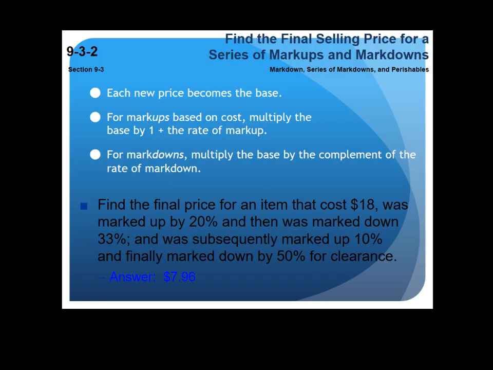Okay, so we are going to look at a bunch of markups and markdowns. So find the final price for an item that costs $18. Okay, so it was originally $18, and then it was marked up 20%. So it was marked up 20% of the cost, right?